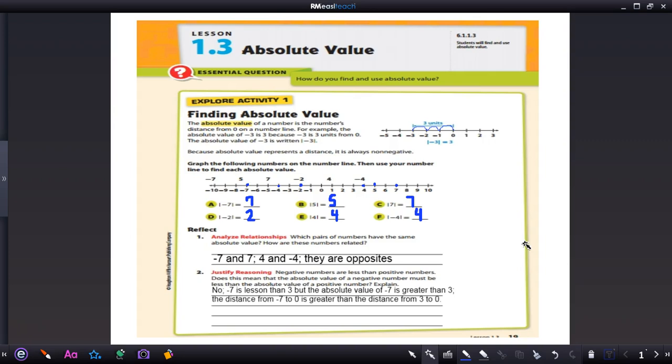The answer to this is no. -7 is less than 3, but the absolute value of -7 is greater than 3. The distance from -7 to 0 is greater than the distance from 3 to 0. So just remember, absolute value is always non-negative.